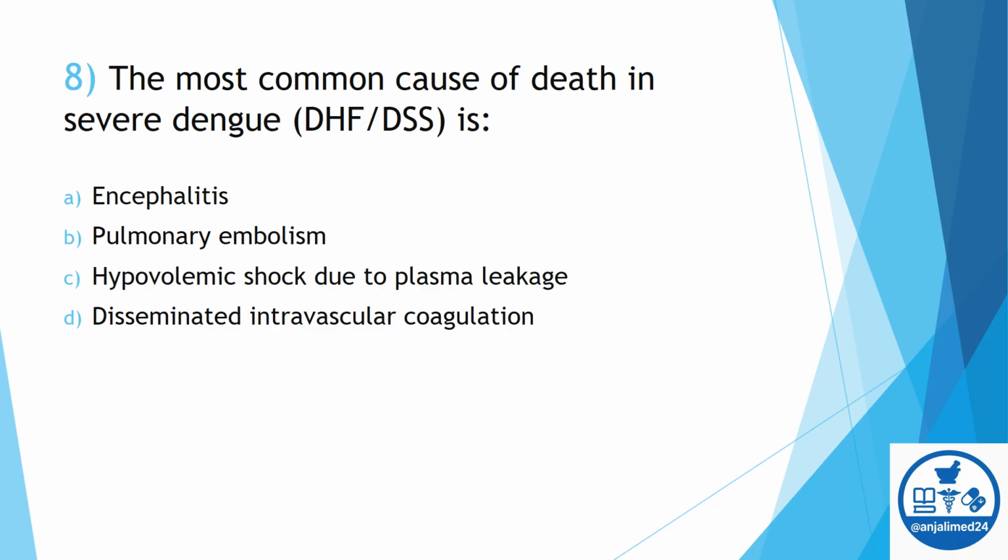When this happens, the body doesn't get enough blood and oxygen, leading to shock, which is a life-threatening emergency. The most important and life-saving step in such cases is timely fluid resuscitation, usually with crystalloids like normal saline or Ringer's lactate. Giving fluids at the right time helps restore blood volume, stabilize blood pressure, and save the patient's life.